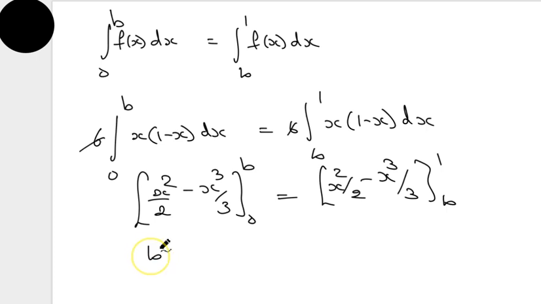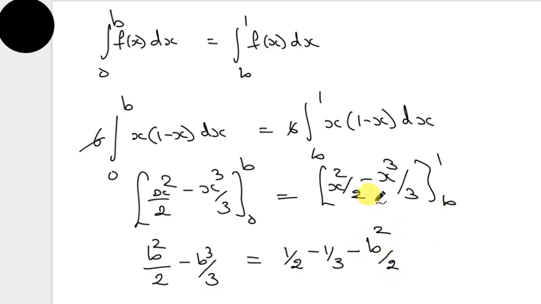Here the upper limit is b squared by 2 minus b cubed by 3. The lower limit becomes 0. Here it is half minus 1 by 3 for the upper limit, minus the lower limit, which is minus b squared by 2 minus of minus, positive b cubed by 3.